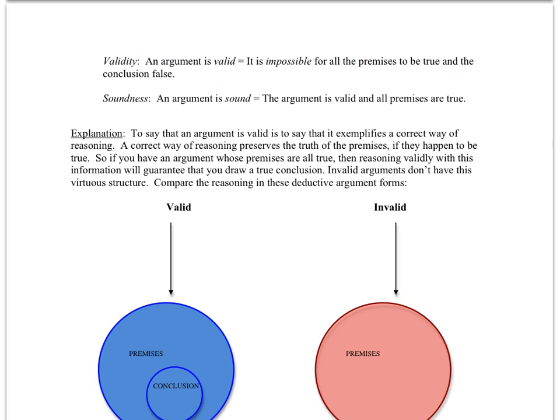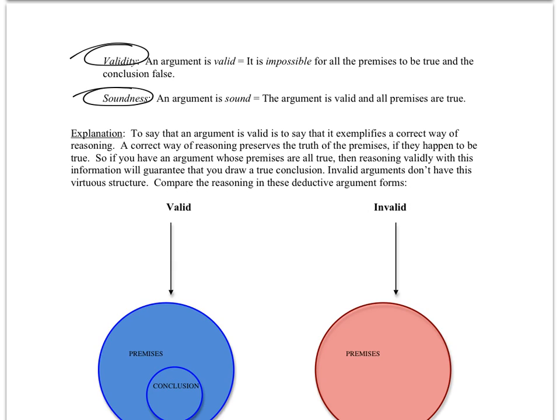We're going to start with deductive arguments, and the concepts that are important for deductive arguments are the concepts of validity and soundness. The definition of validity that's given here is a fairly technical definition, and I'm going to stay away from that definition because a lot of people seem to have trouble with it. So I'm going to try to make it as intuitive as possible.